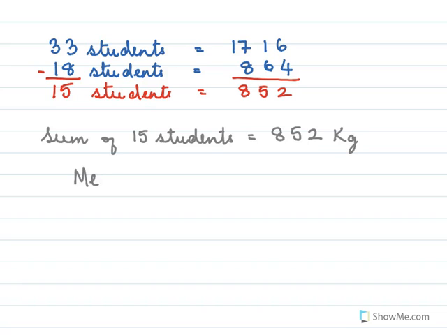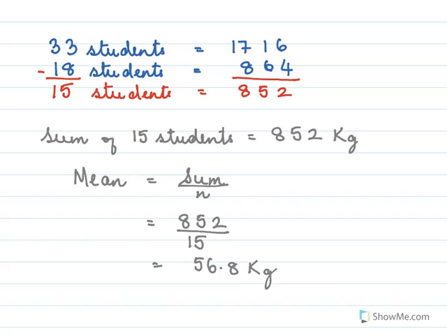So if you want to find the mean, equal to sum over number of observations, the sum here was 852 divided by the number of observations, 15, and this would be 56.8 kg. So this was the mean of 15 students.